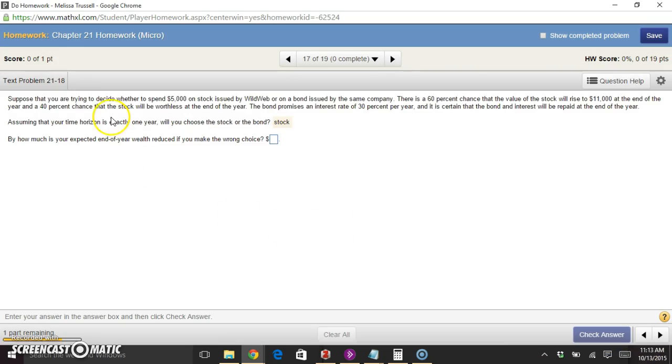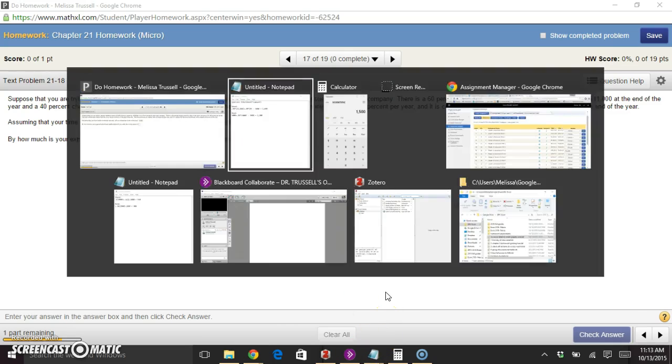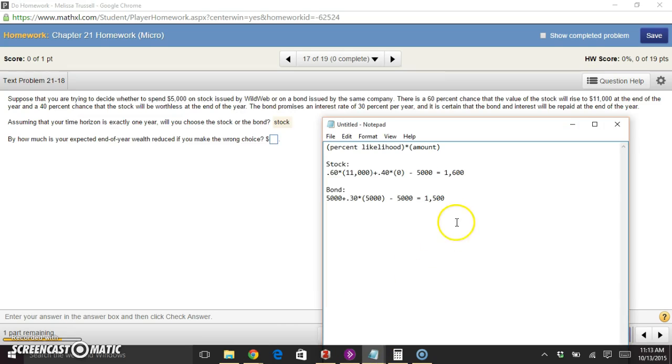Nice. The next question is, how much is our expected end-of-year wealth reduced if we make the wrong choice? So going back to our little notepad, the question is, how much less do we make if we go with the wrong choice? So if we go with stock, we get $1,600.